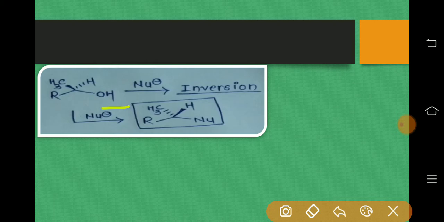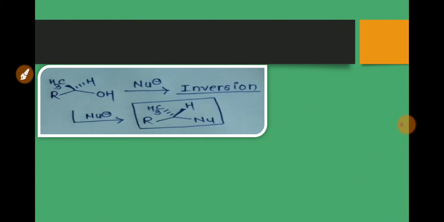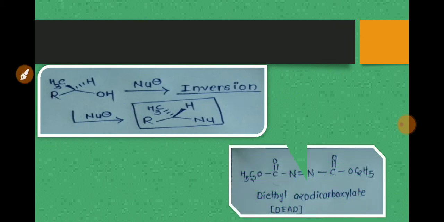It can be removed by the SNi mechanism, but SNi gives product with retention of configuration, and we require product with inversion of configuration, which is obtained by the SN2 mechanism, but that requires a good leaving group. Then how do we get an inverted product from alcohol? So the answer is the Mitsunobu reaction.